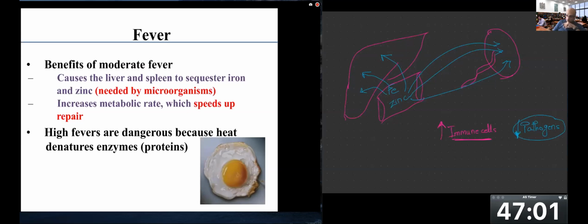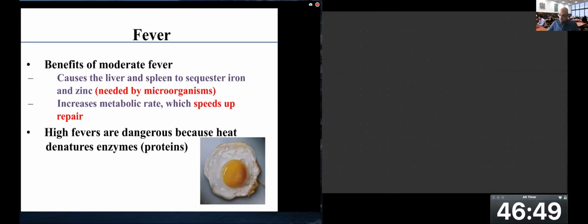So what you take away from the bacteria inside the liver and spleen is the iron and zinc. Why is fever bad? It's bad if it is too high or it lasts for a prolonged period, and a prolonged period is relative to the age and the body size.